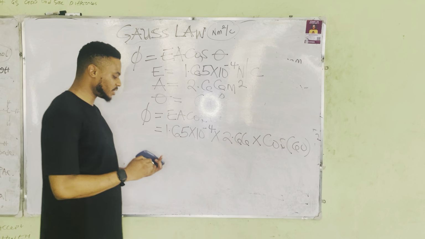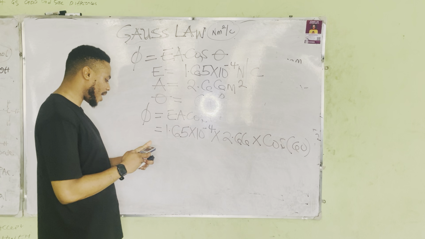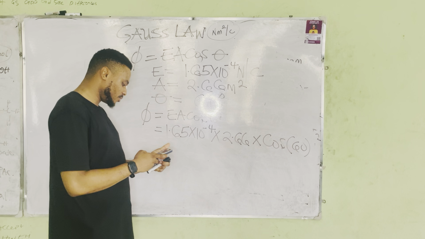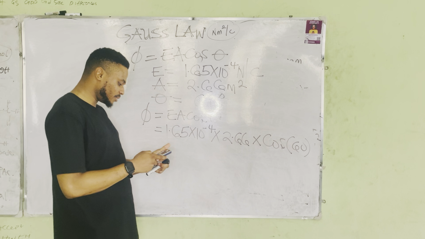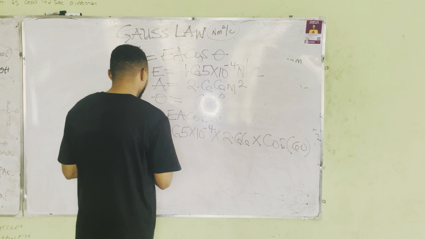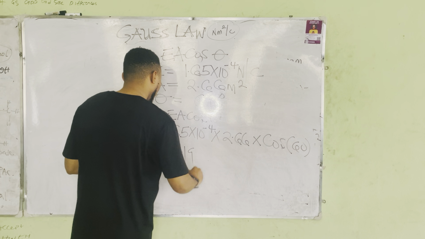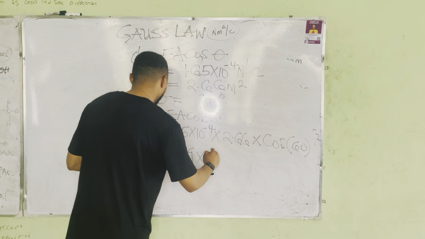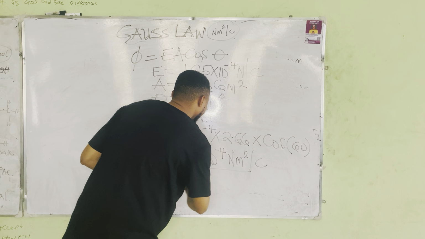So multiplying, I am having 2.1945 times 10 raised to power minus 4. Let's just say 2.19 times 10 raised to power minus 4 newton meter squared per coulomb. That is our final answer.